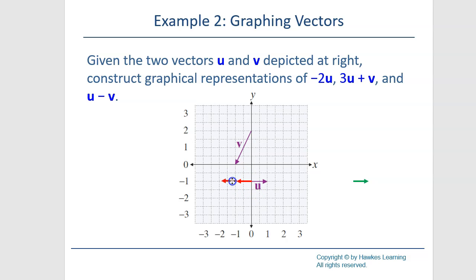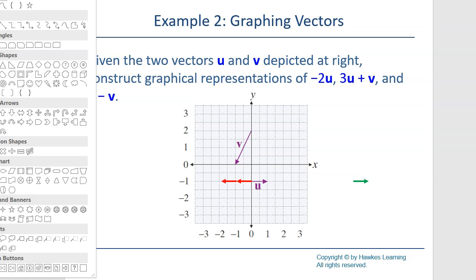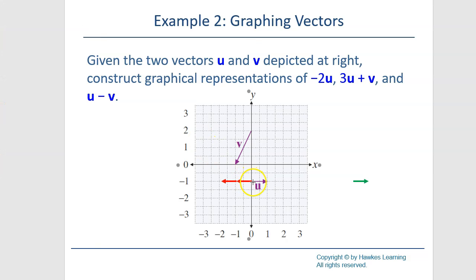So that's 1u, that's 2u's. It's as close as I can get them together. But literally, negative 2u means we're going the opposite direction of u and we're doubling the magnitude. But what we got to understand is it's not two vectors. So we would just put one over top of this, and that would be how long it is.